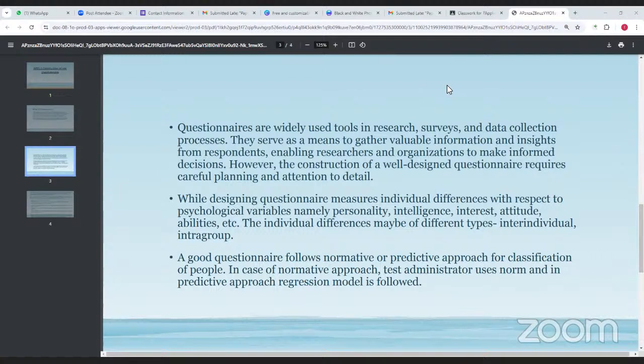Now when you want to design the questionnaire, you have to define the construct carefully so that it can be measurable. The normative or predictive approach. The normative approach means where you are following the norm.